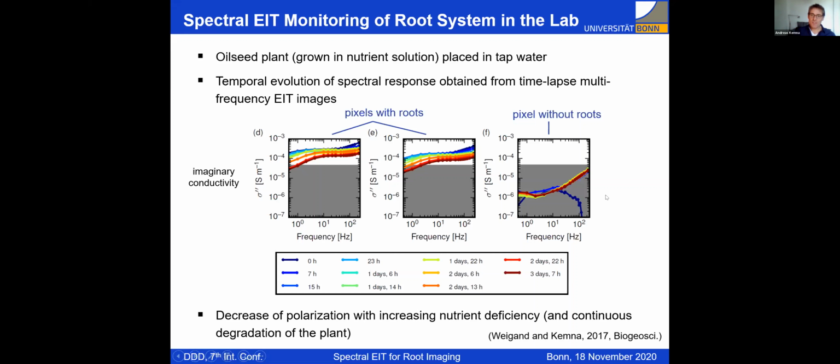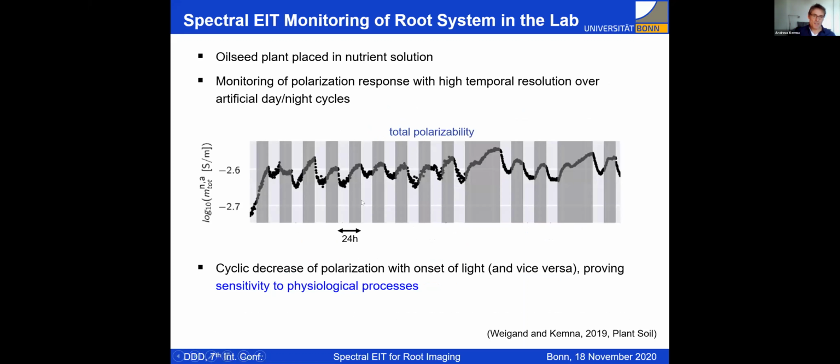And another example here at the lab scale in the Rhizotron is the monitoring. So it's again the strength of polarization shown over several days in a Rhizotron experiment where we came up with artificial day-night cycles, using a standard growth lamp, and you see here light and dark, basically 12 hours with light on and with light off.